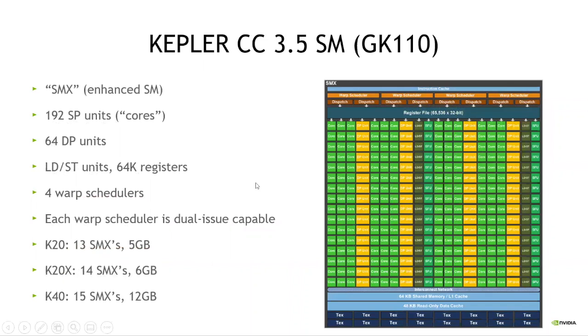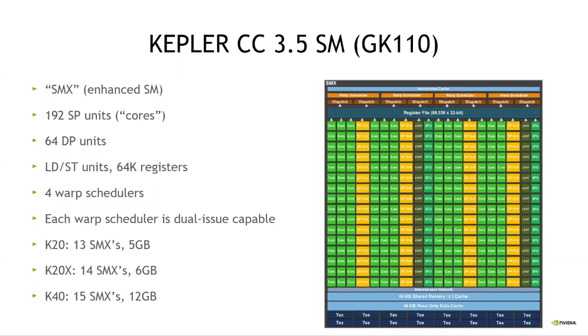We'll start with the Kepler architecture. When we build a GPU, it's not a huge spaghetti mess of logic. In fact, a GPU, especially from a general purpose GPU computational programming standpoint, can largely be defined by something called an SM, a streaming multiprocessor.